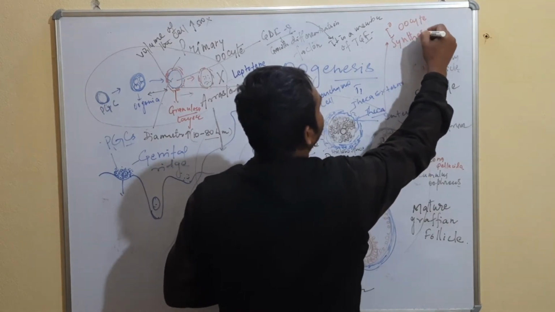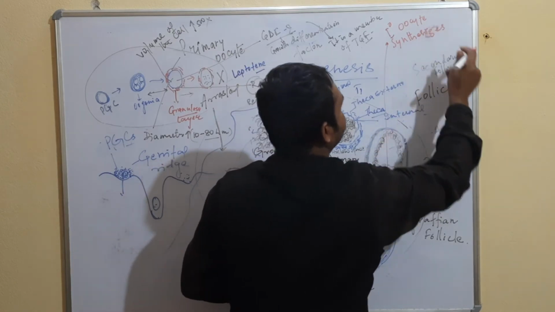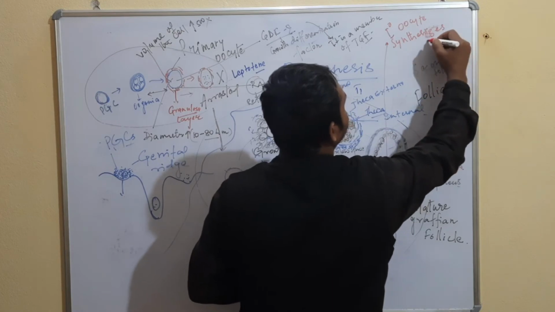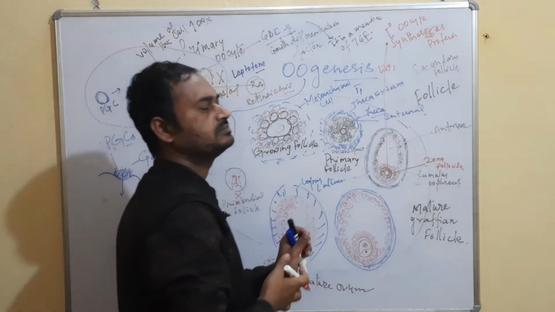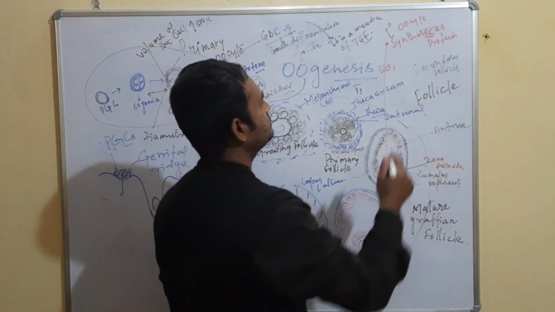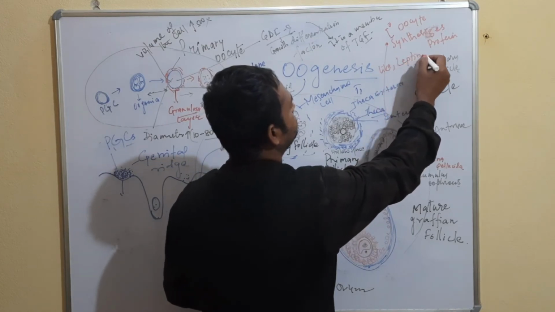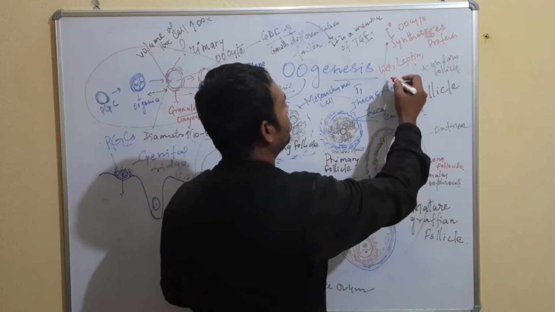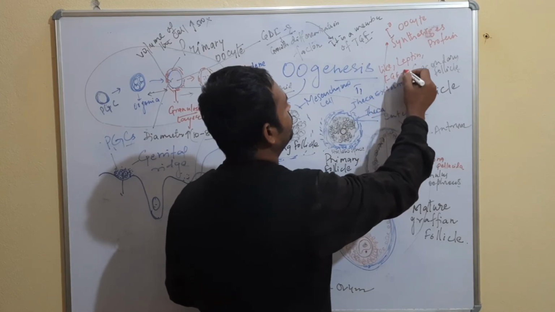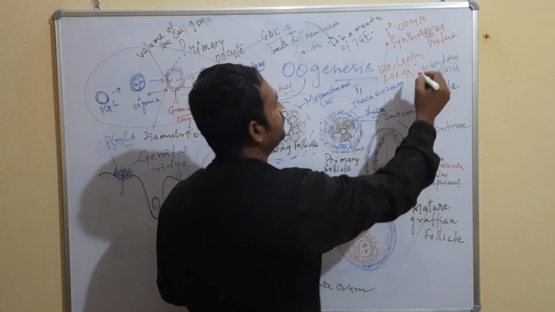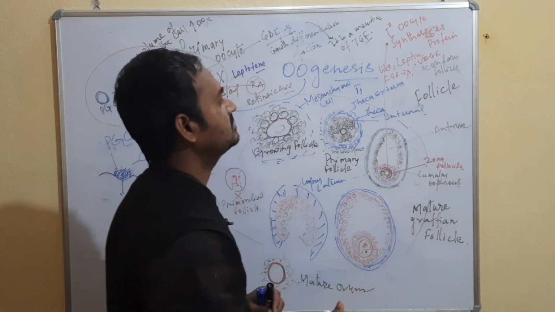At this stage, the primary oocyte synthesizes proteins like leptin, FGF2 beta, VEGF, vasculoendothelial growth factors.